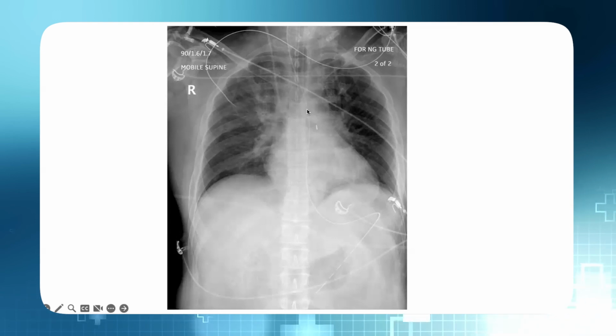Then you have seen the Ryle's tube, maybe a feeding tube. There is an IABP, sir. IABP is there. You have to utter it. If you miss this IABP, you will not get the marks. Here is the IABP and the other ECG leads. So very carefully you will check the chest X-ray.